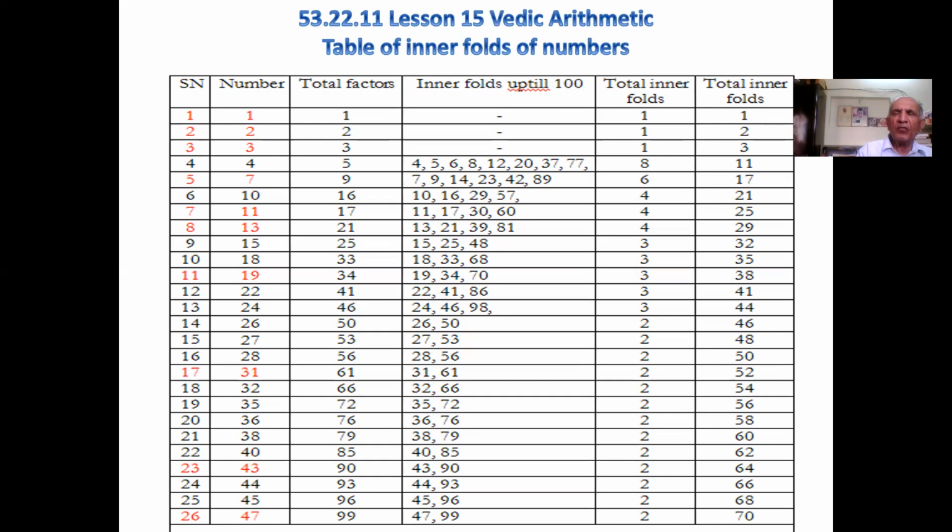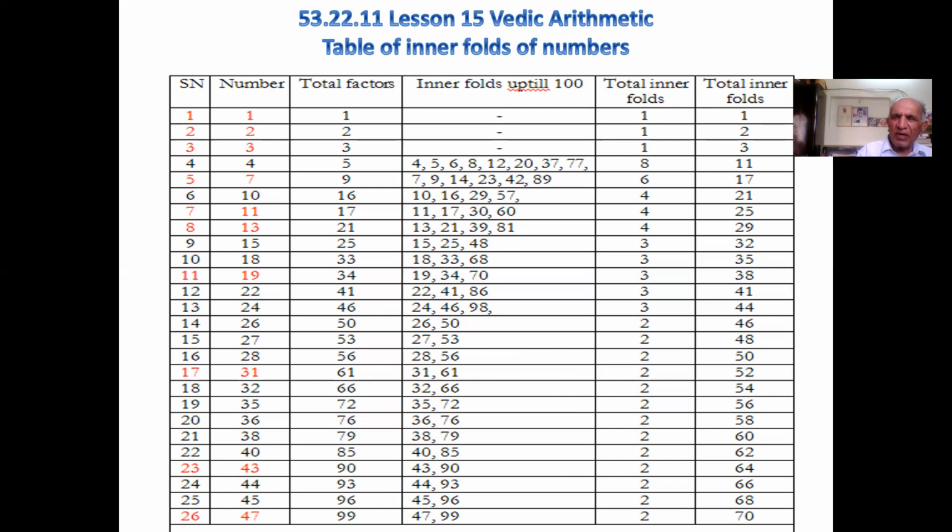However, when we are at number 4, then it is a composition of two factors, 2 plus 2. The contribution of factors because of number 4 is 2. So the total factors up till 4 are 5. 1 because of 1, 1 because of 2, 1 because of 3, 2 because of 4. So it becomes 5. So number 4 is leading us to its inner fold as 5 factors.